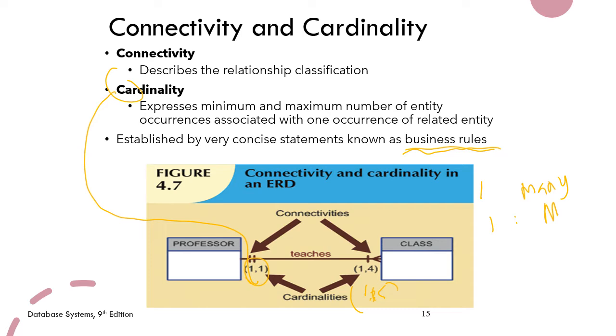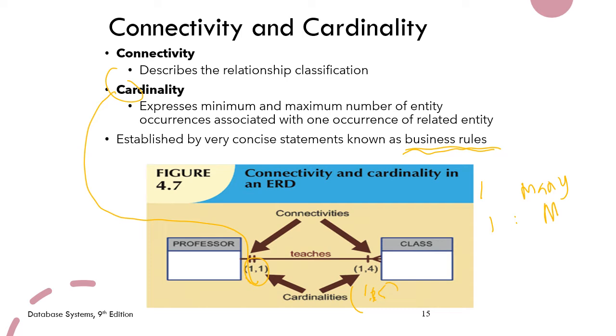For example, business rule: one professor teaches many classes. If you are talking with your stakeholder and he returns a statement like this, in this faculty, one professor teaches many classes, that's it. So you can just define it one and many, without the concise value.